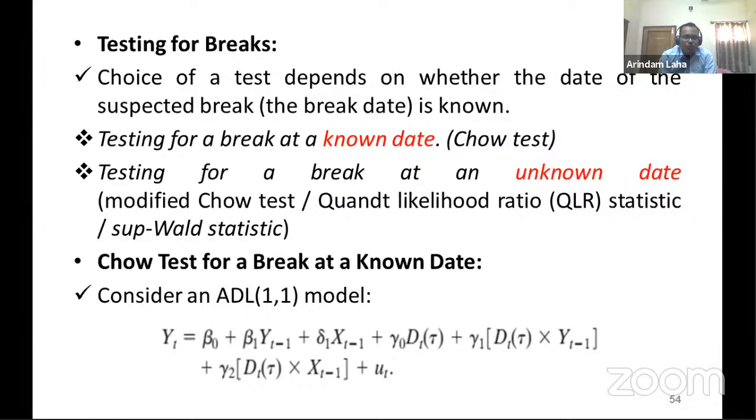If you are dealing with a full sample and you anticipate that there can be a break, but the date is not known, then you have to carry out some other testing, the modified Chow test, alternatively known as the quandt likelihood ratio test or sup-Wald statistic. This is another testing procedure. I have given you the material from Stock and Watson.